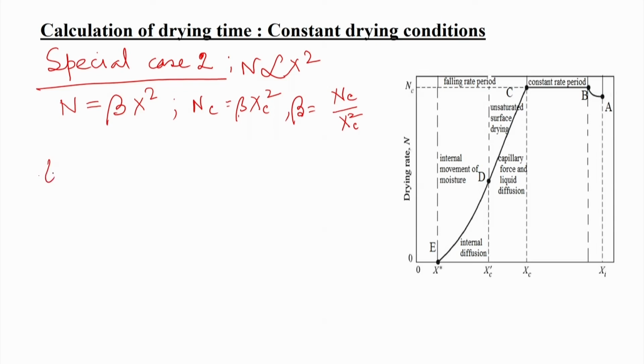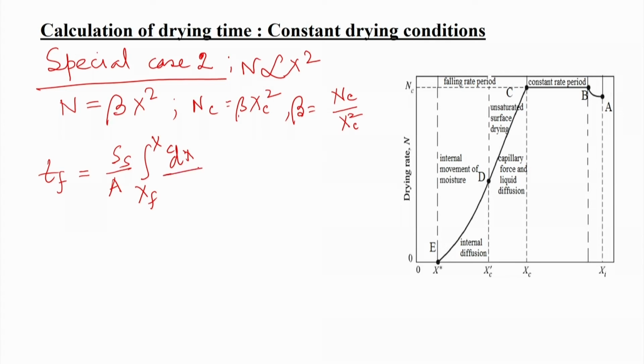In that case, t_f for the falling rate period, whatever expression we obtained for case 1, we will be putting this beta value there, that is S_s/A.